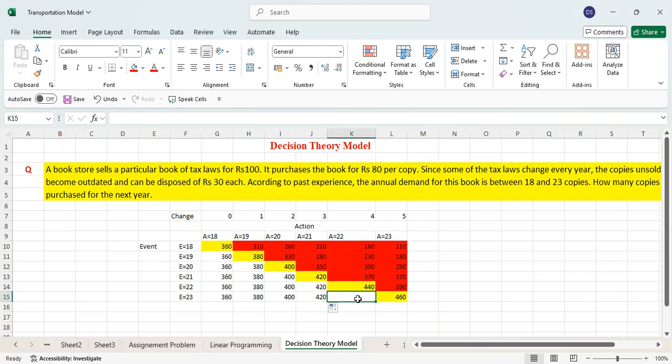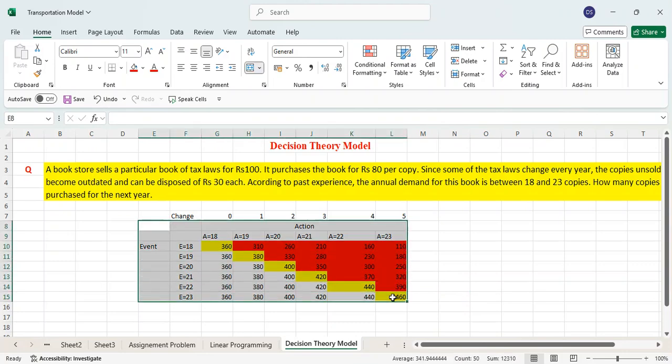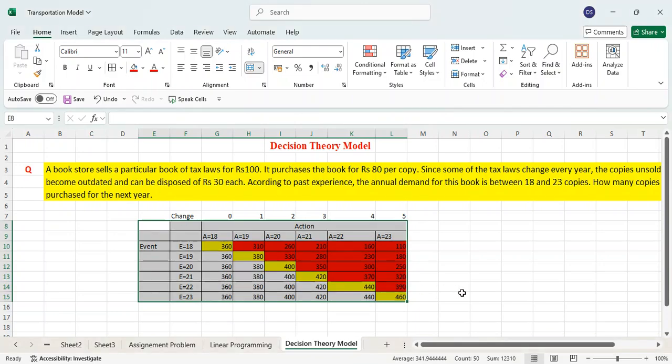Then it's 22, 440, and in this way the complete payoff matrix, or you can say the profit-loss matrix, by taking different types of decision making, has been formed.